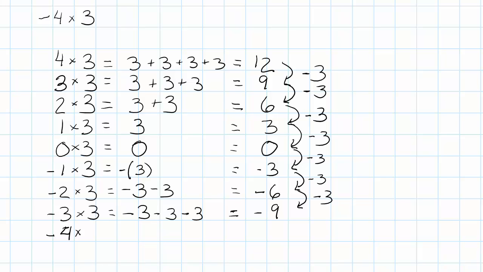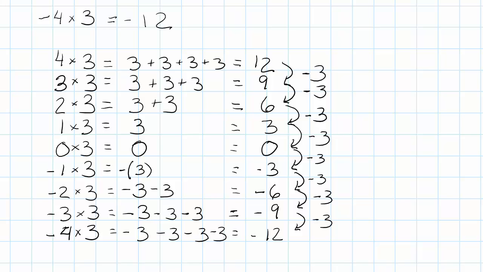So negative 4 times 3, subtract another 3, go another 3 to the left. Negative 4 times positive 3 is also negative 12.